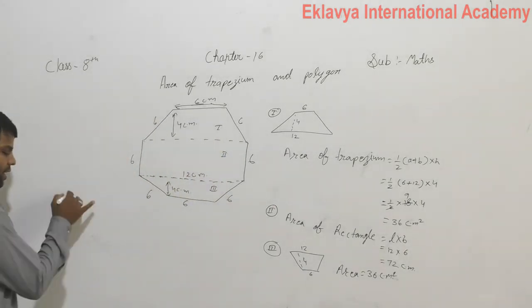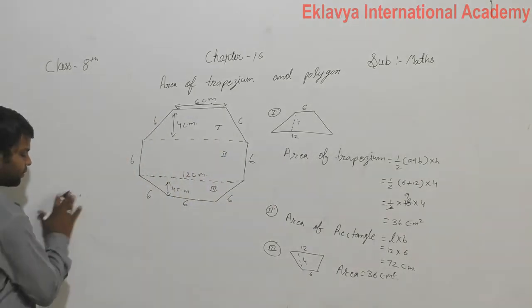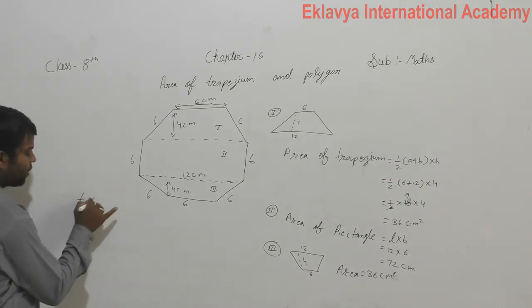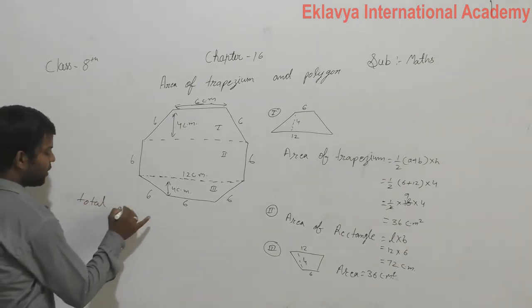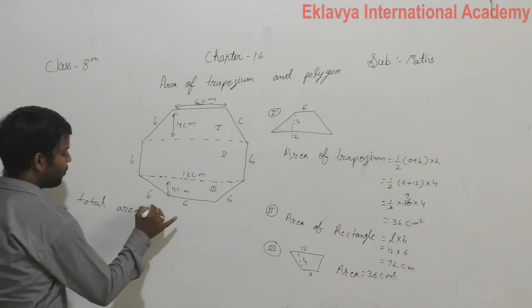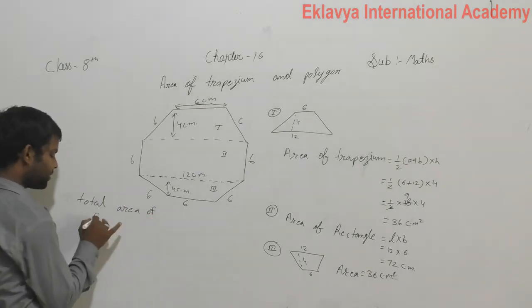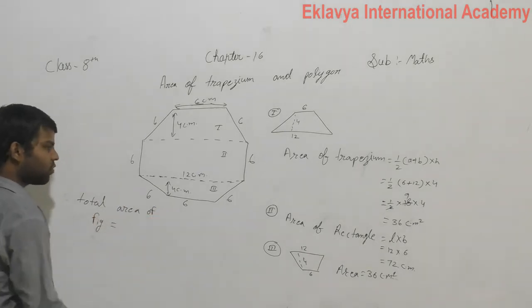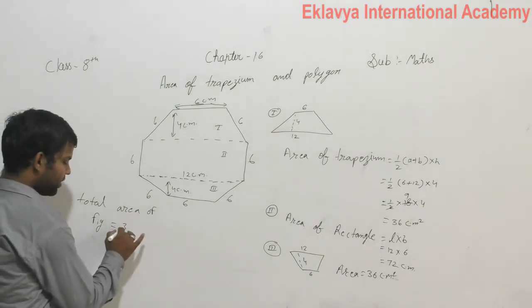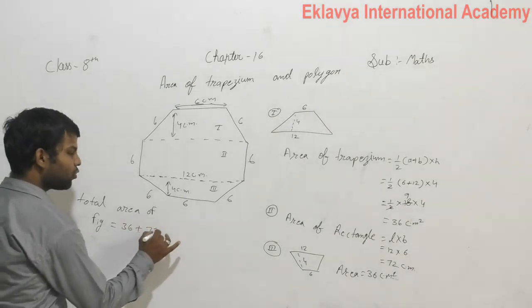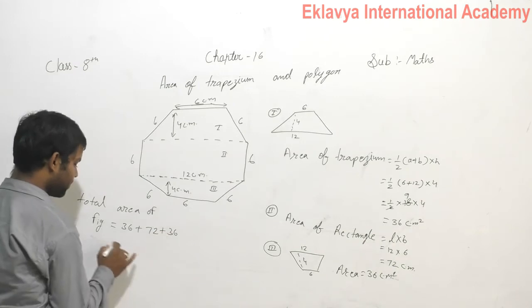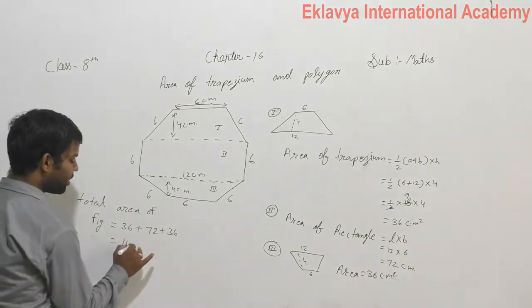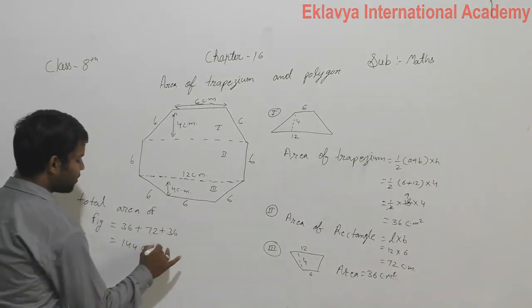So total area of figure is equal to 36 plus 72 plus 36, we got 144 centimeter square.